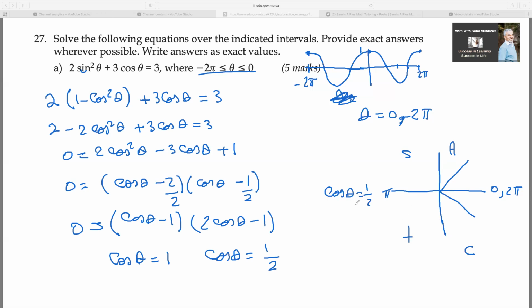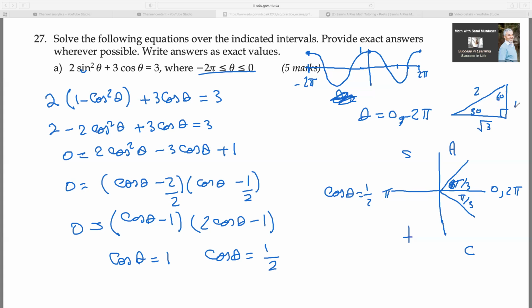So now the angle that has a cos of a half is 60 degrees, or pi over 3. So it's pi over 3 here and there. If you don't remember your special angle triangles, 30, 60, that is 1, root 3, 2.